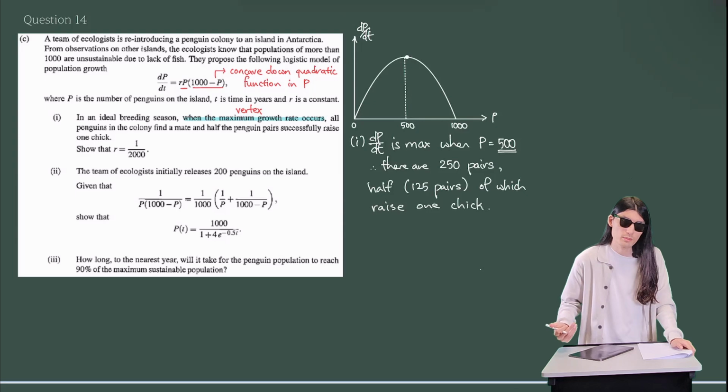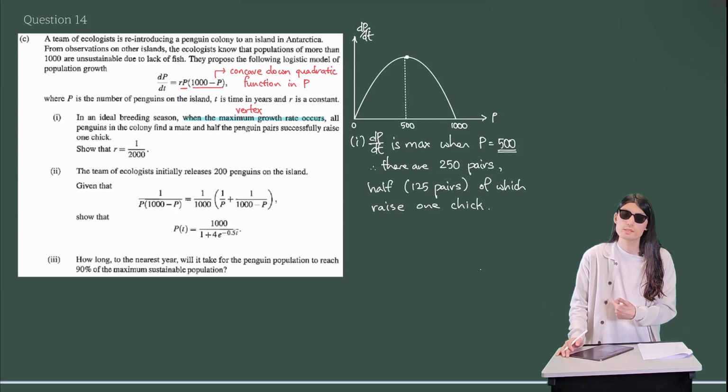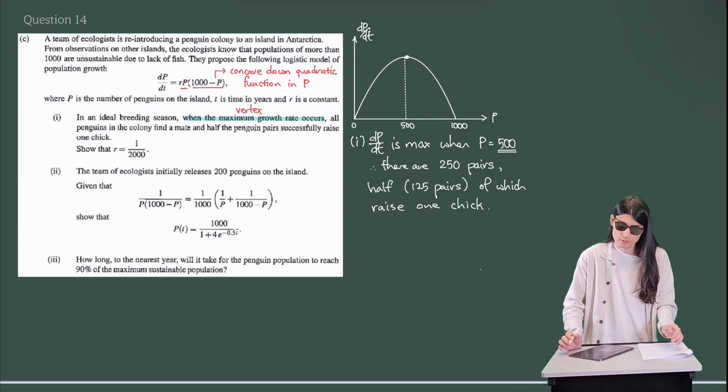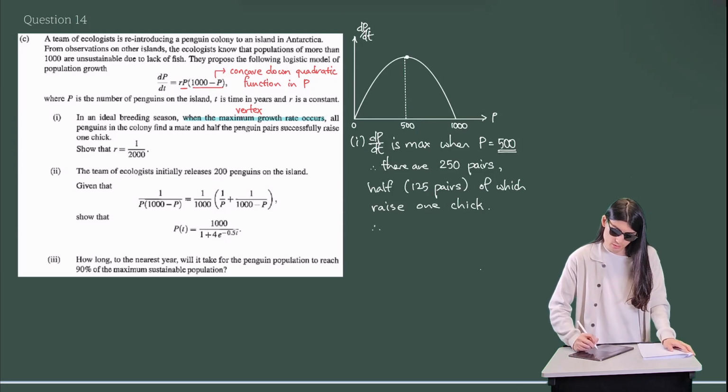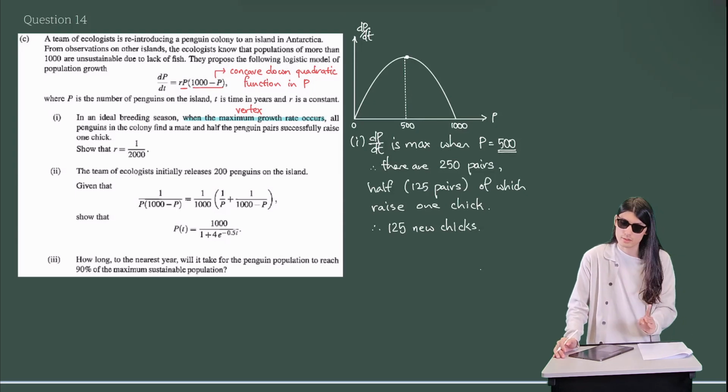So of course that simply means you've got 125 pairs of penguins, each of which raise one chick. So therefore there will be 125 new chicks at this particular point in time, wouldn't it?